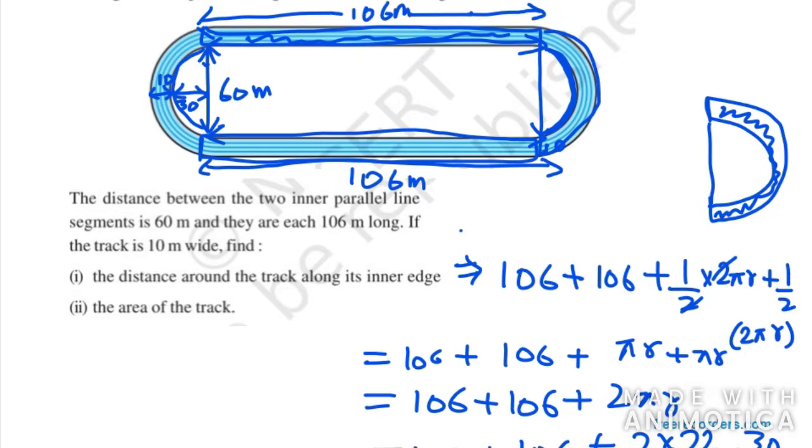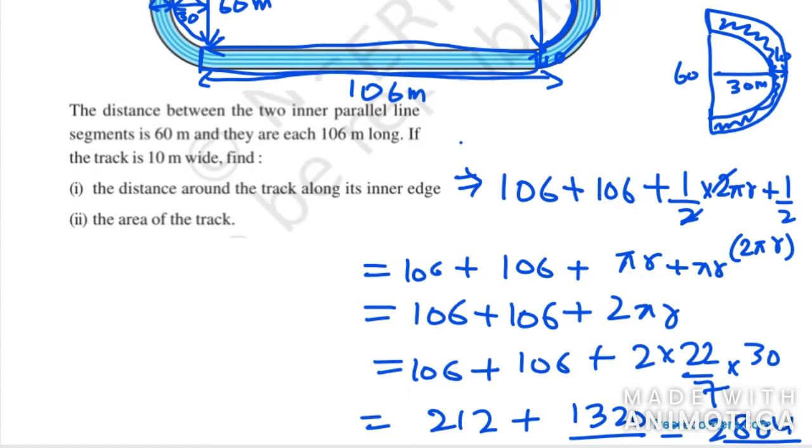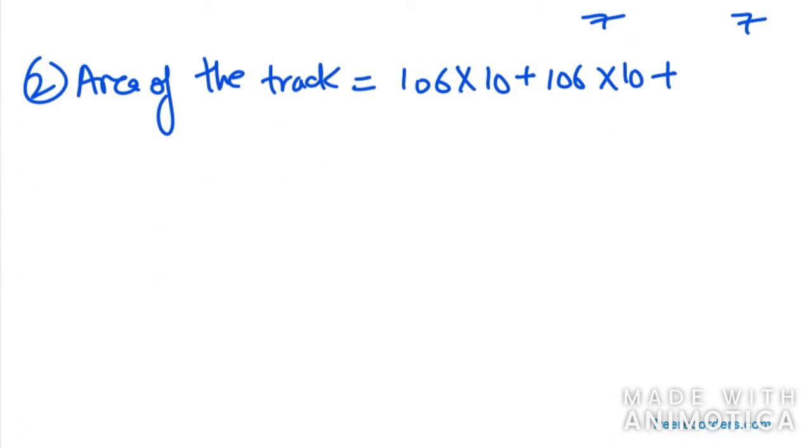Now I would be taking the diameter for this, the smaller one, and the radius for the bigger one will be 40 because the width for the track is 10. That means my radius for the smaller one is 30 meter and radius for the bigger one is 40 meter. So you can take the area of bigger circle minus area of smaller circle. That will give you the shaded portion.